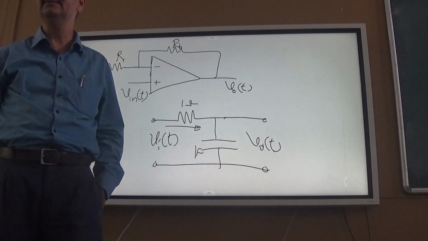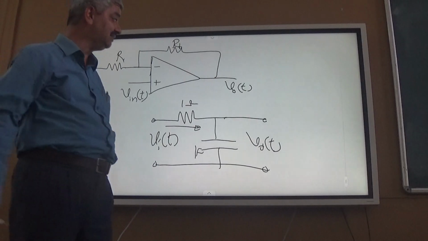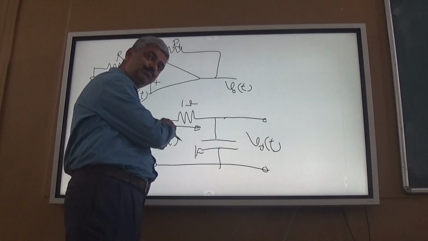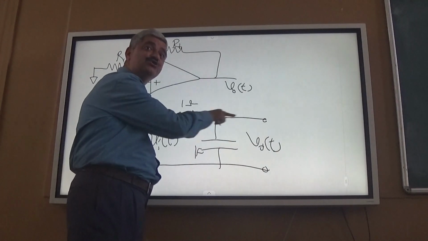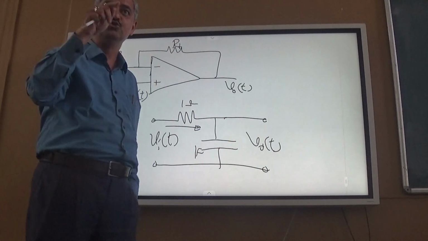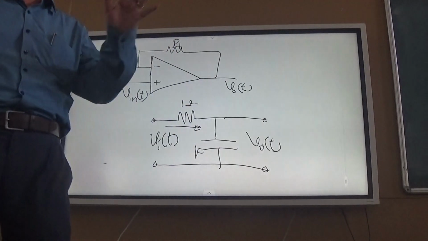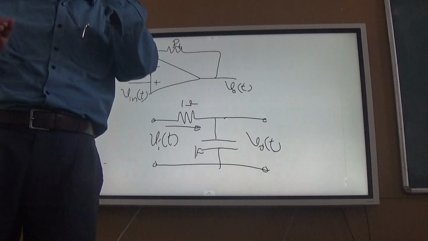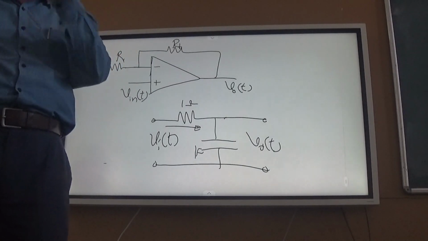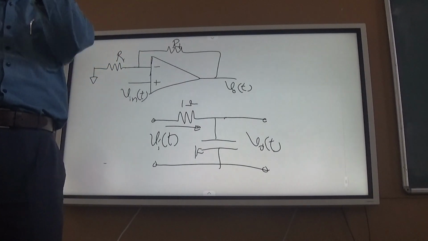That the current through this entirely comes here, meaning no current is drawn out. Clear? So the output is a notional output; even connecting a voltmeter will change it.